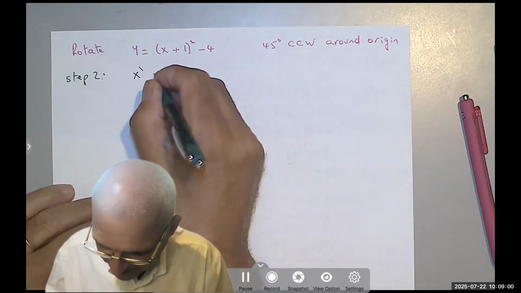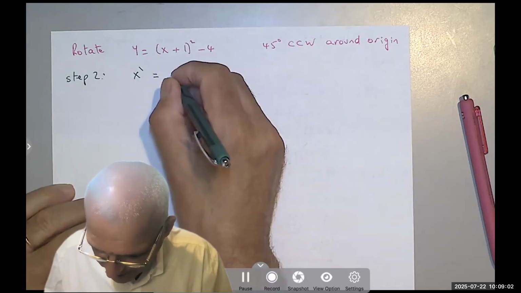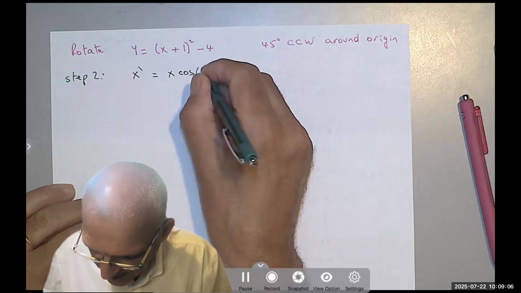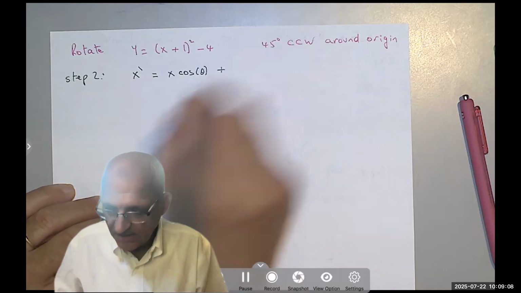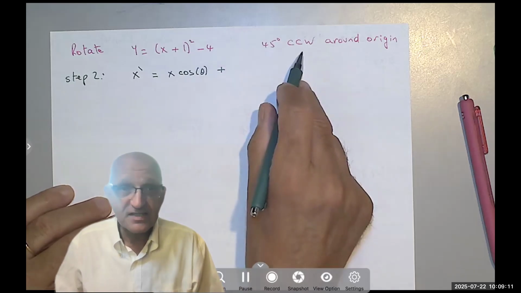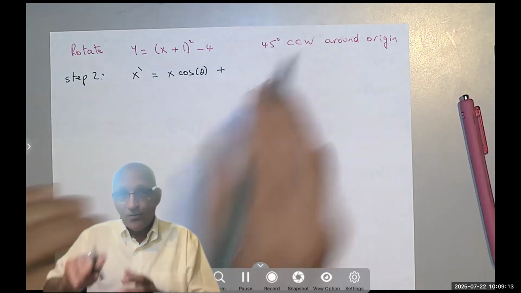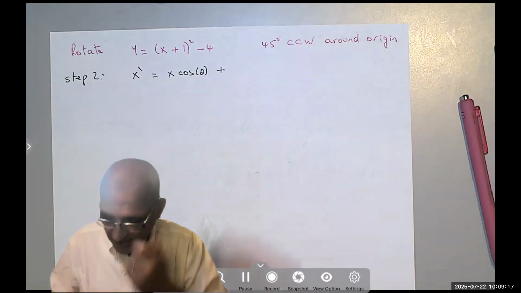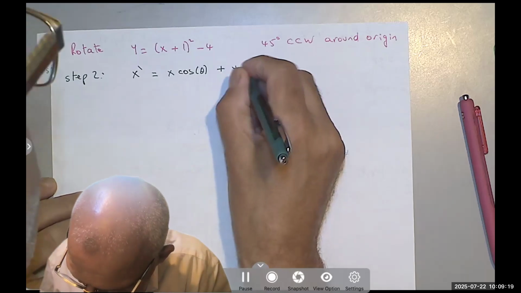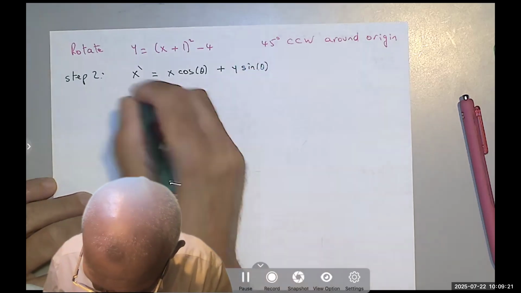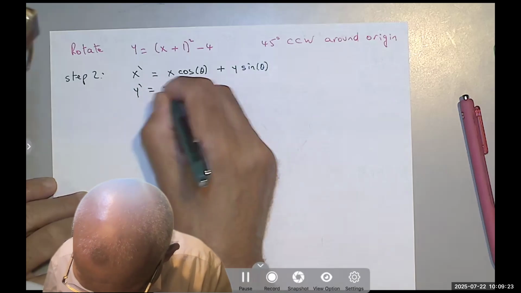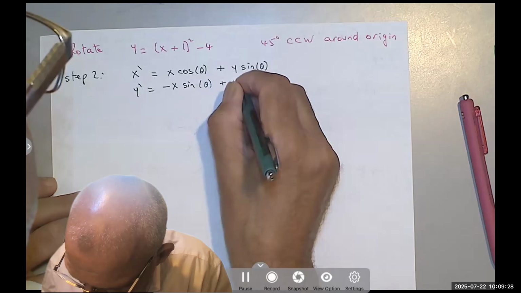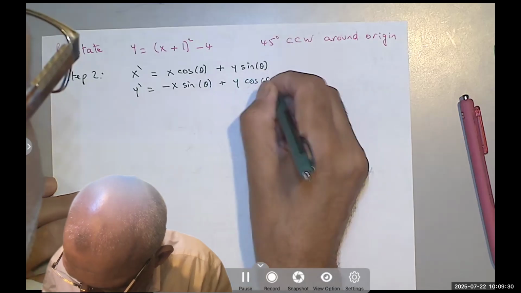So x prime would be x cosine theta plus, because it's clockwise now, not counterclockwise. When you turn clockwise, the x extends and the y shrinks. So plus y sine theta, and the y prime would be negative x sine theta plus y cosine theta.